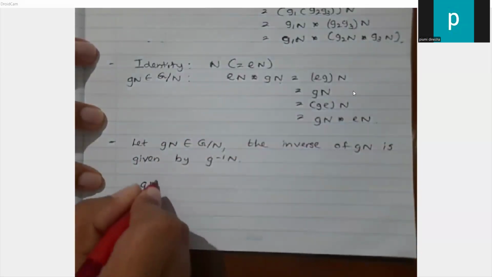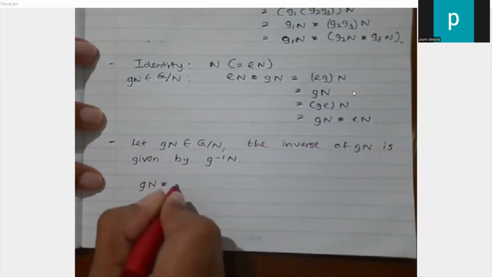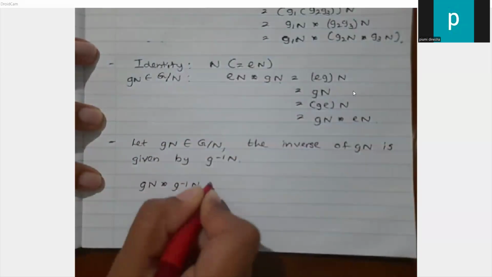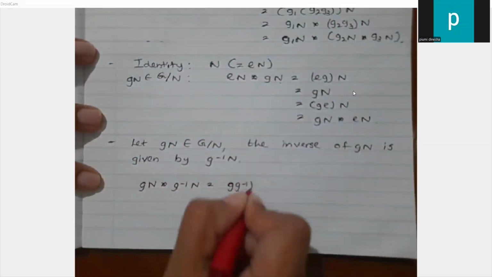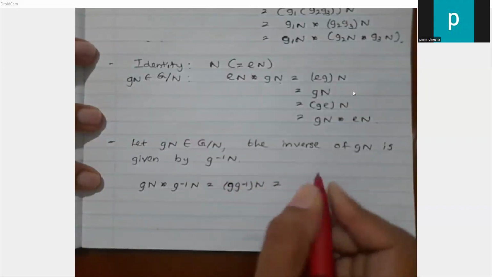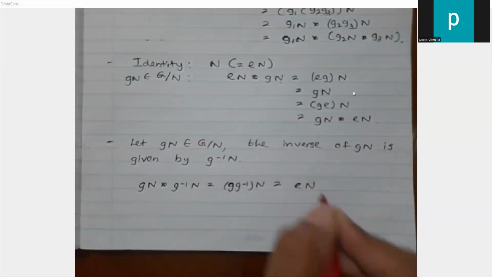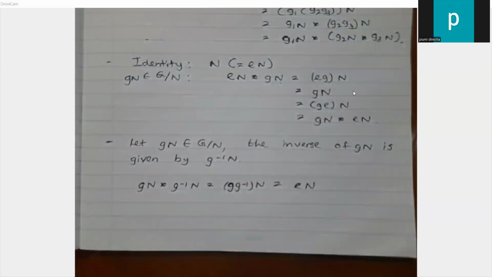When you take star over these two, by definition of star, it ends up being g inverse gN. This is simply the identity times N, which is the identity for this group.